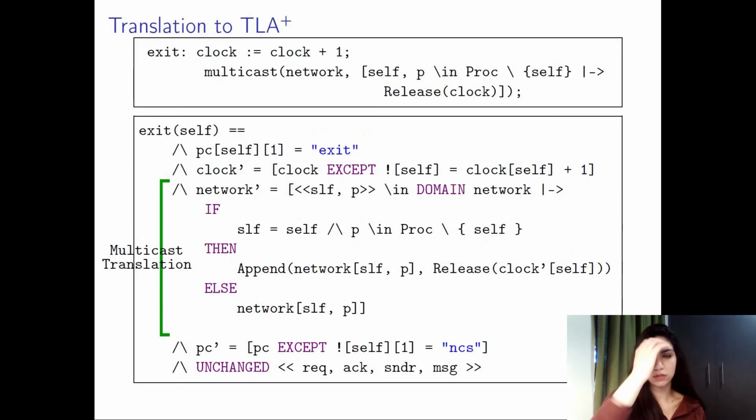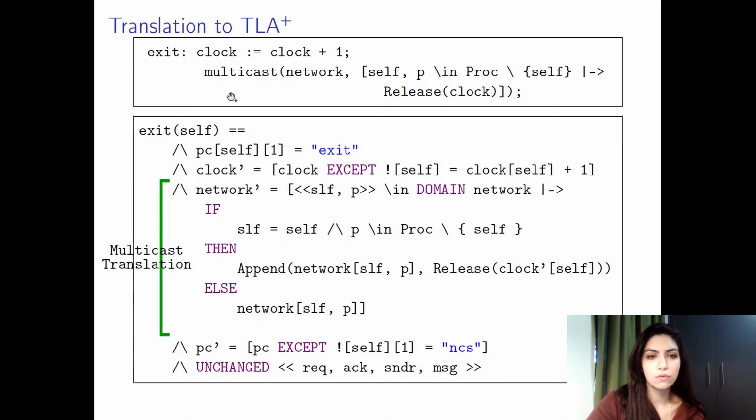Here is a piece of translation that was produced by our own translator. This is the same exit atomic step that we have discussed before, when a process exits the critical section and releases a message for all the other processes, notifying them that the critical section is now released.